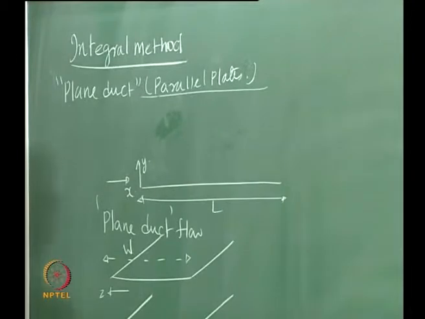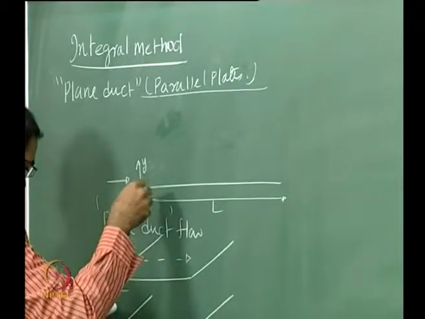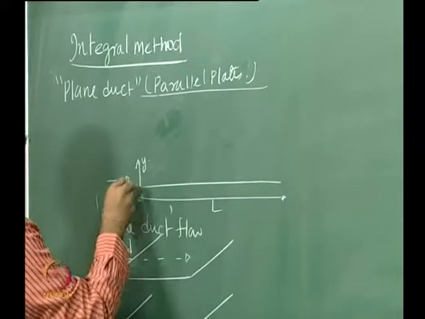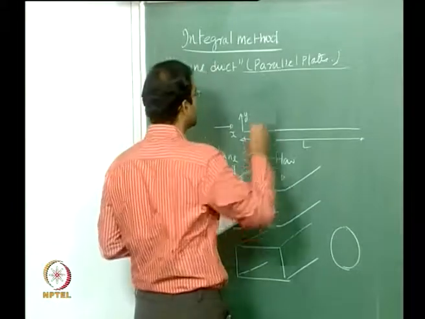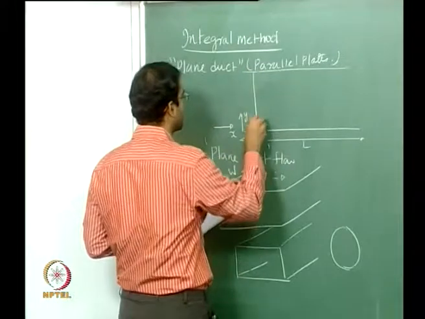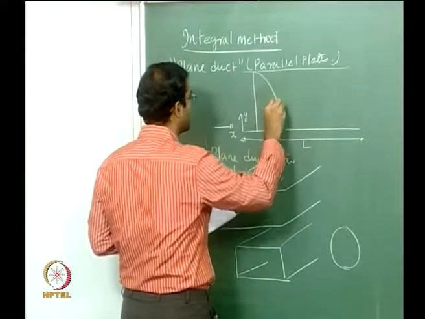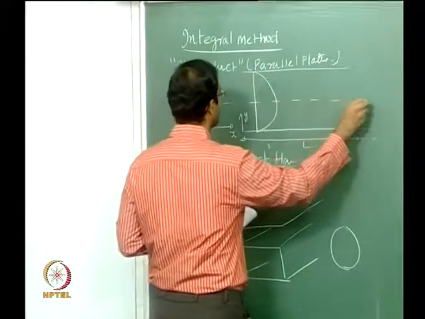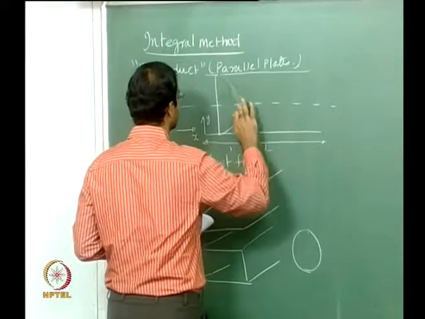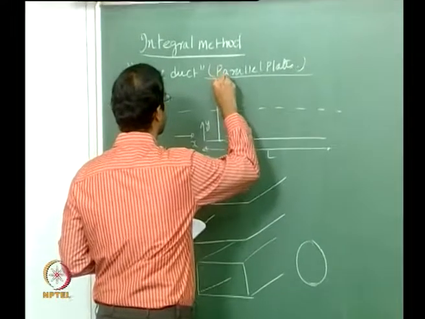In such a case, if you look at the boundary layer growth, assume that first your velocity boundary layer is fully developed. You can see that the velocity profile at any axial location will be a fully developed profile, perfectly parabolic.